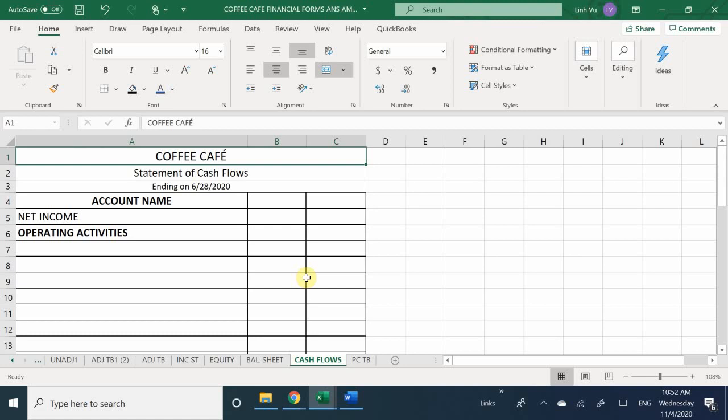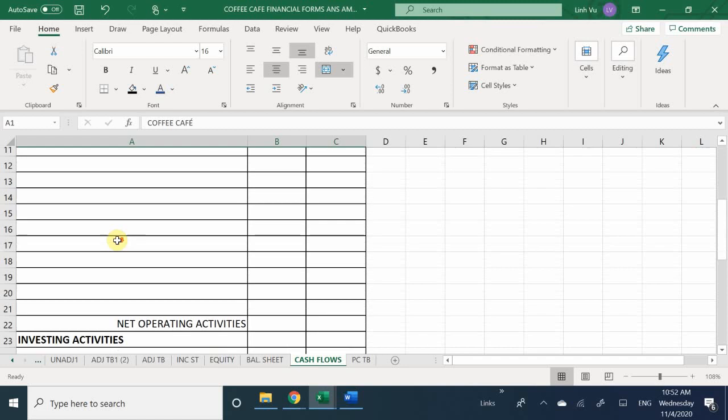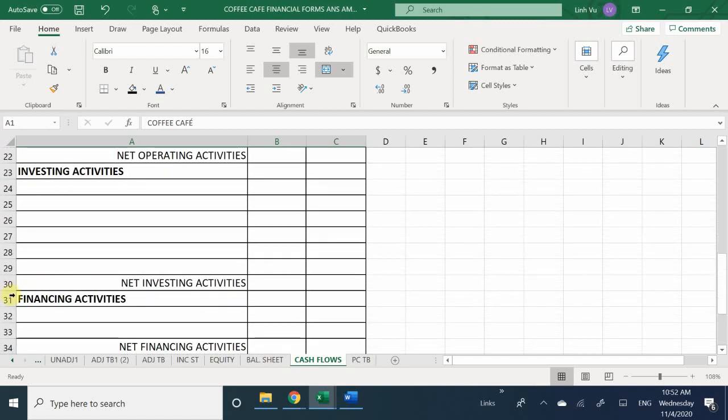So this is how you complete the statement of cash flows. It's categorized into three different categories: operating activities, investing activities, and financing activities.